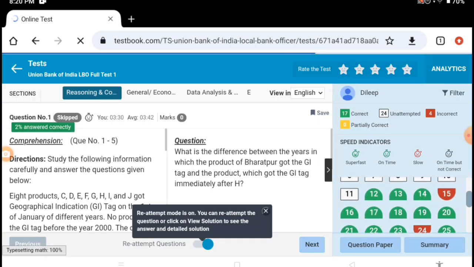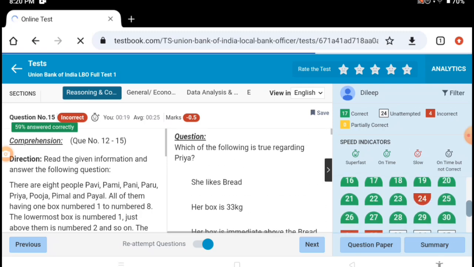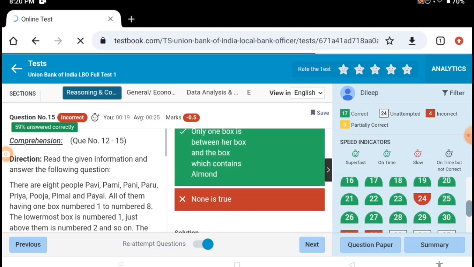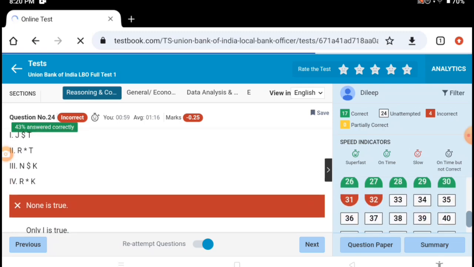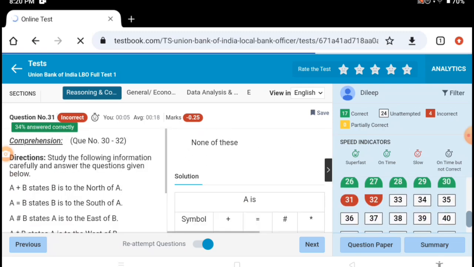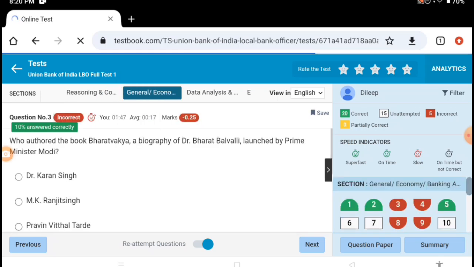So 4 are wrong in reasoning. So this is 24, 31, 32. Okay, and in general awareness 5 are wrong.